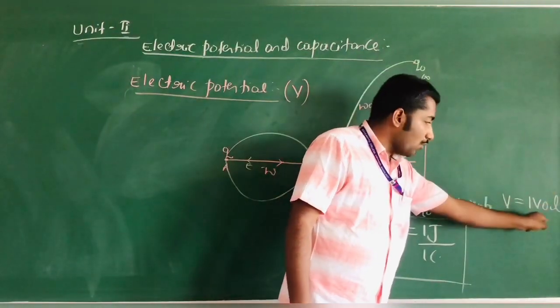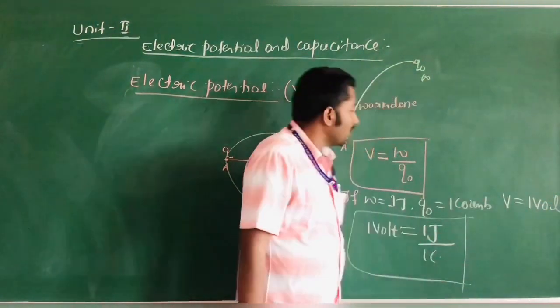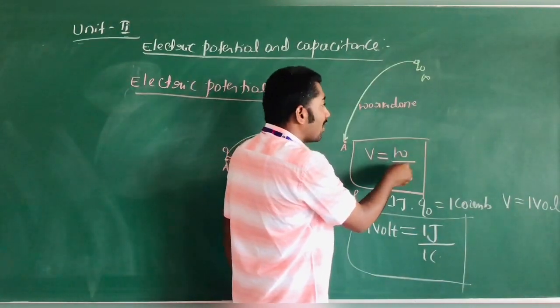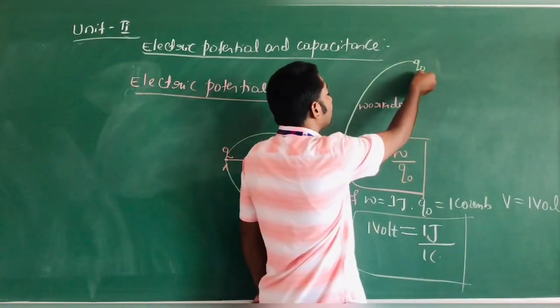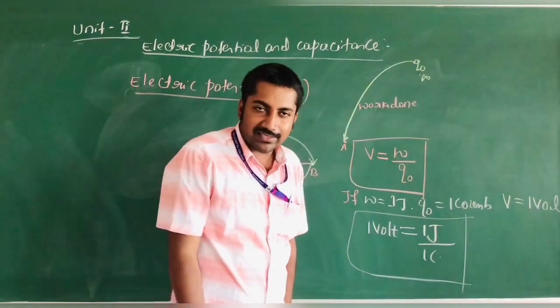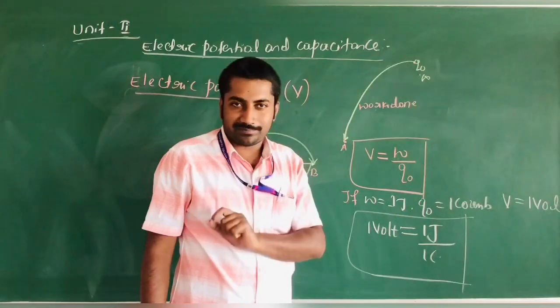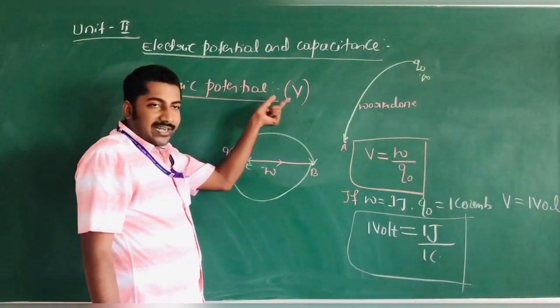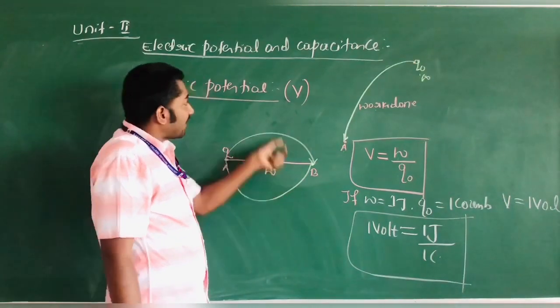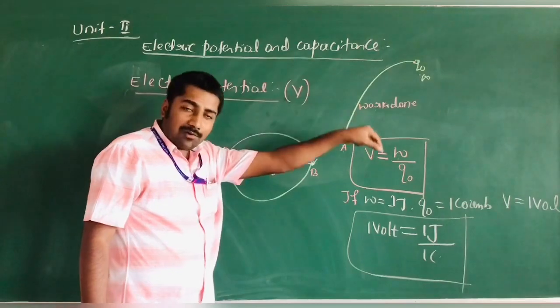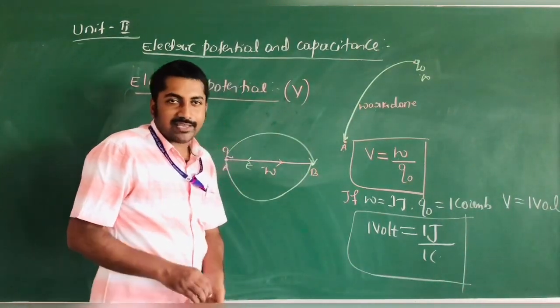This is the definition of electric potential. The SI unit of electric potential is the volt, and it is a scalar quantity.